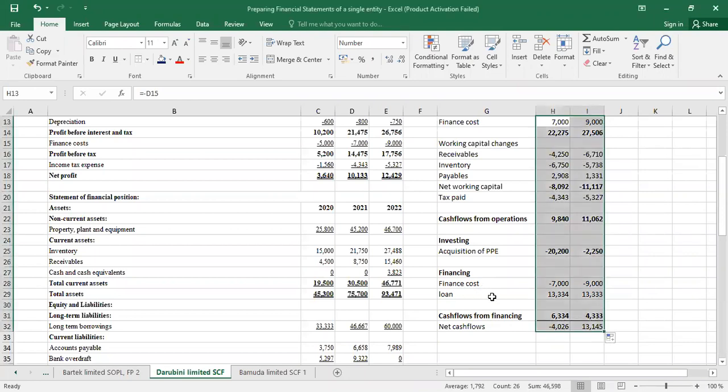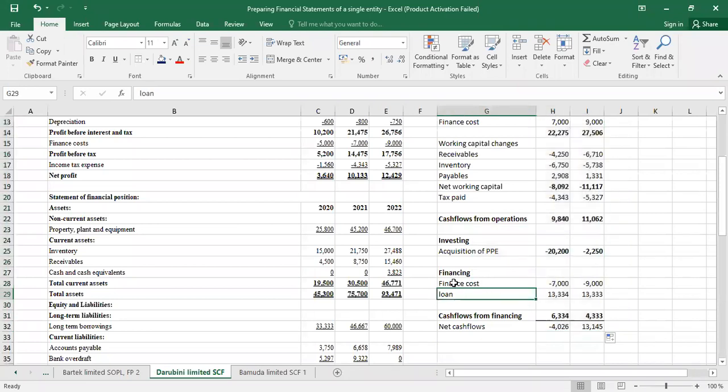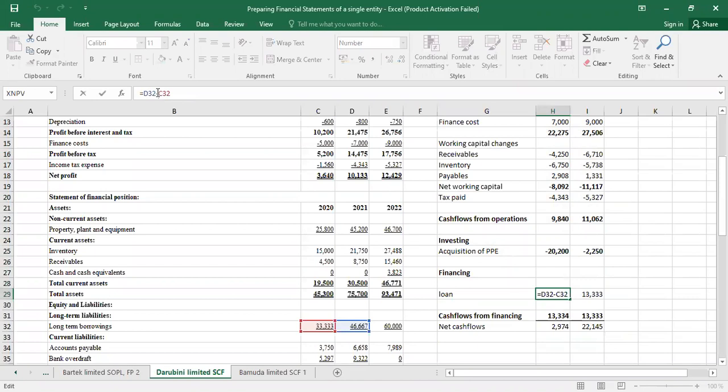In other ways that you can do it, we'll do it this way. Let's remove this one. Then I do clear content, or maybe just delete. So we are here on loan. Loan is a liability.